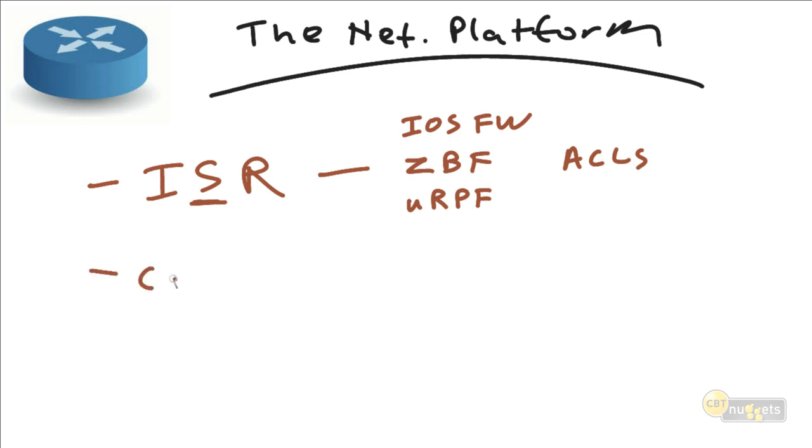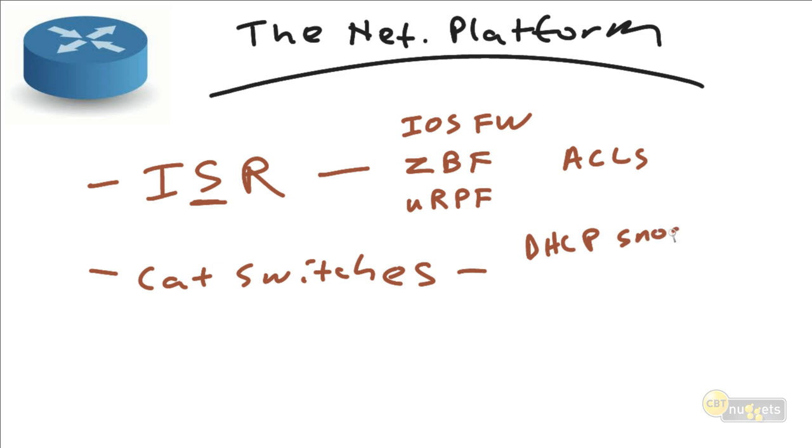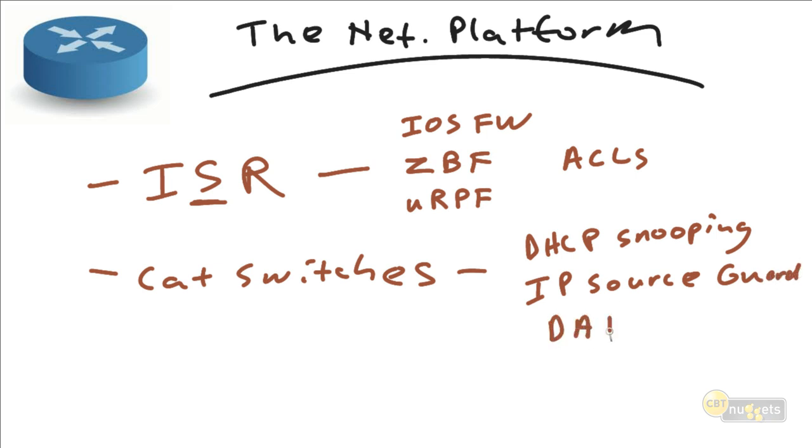And this happens when we look at our Catalyst switches. Our Catalyst switches have built-in features like DHCP snooping, the ability to ensure that all the DHCP traffic in our environment is legitimate. IP source guard to guard against spoofing. We have dynamic ARP inspection to guard against MAC address spoofing. We have port security.